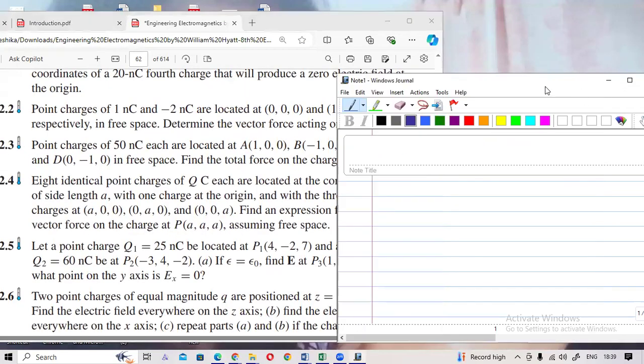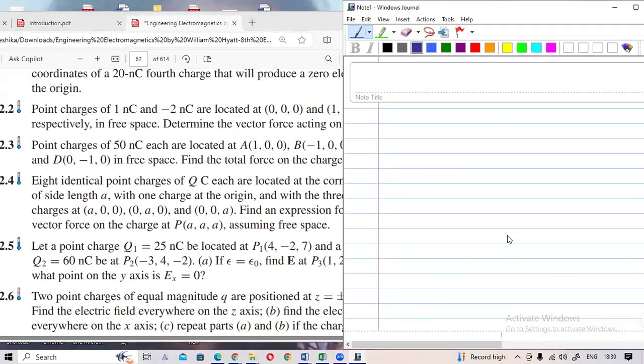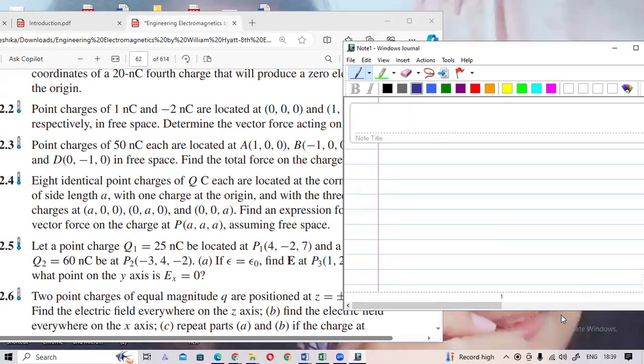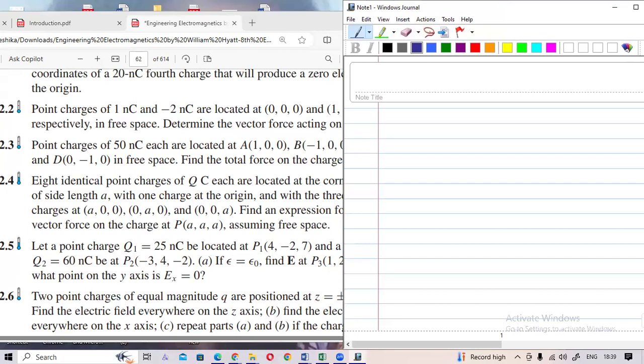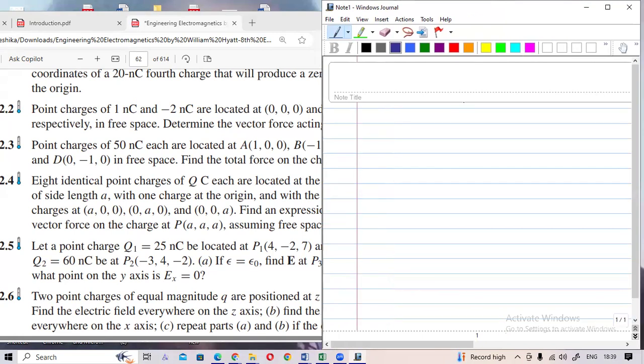We are focusing on this one. If I draw it again, this is the Z axis, this is the X axis, this is the Y axis.